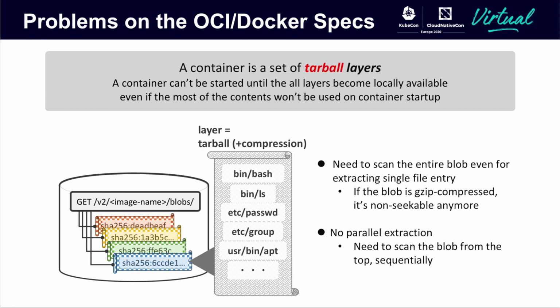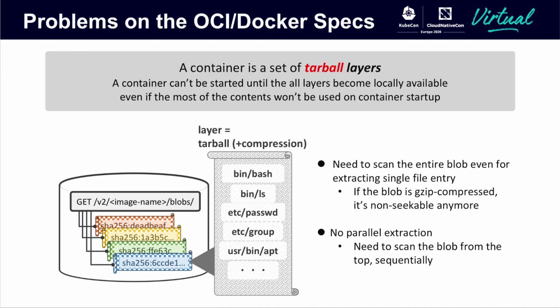And when it comes to pull performance, there is a problem in the current OCI and Docker specs. A container is a set of tarball layers, so a container can be started only when all layers become locally available, even if most of the contents won't be used on container startup. As shown in the diagram, a layer blob is defined as a tarball, optionally plus compression.